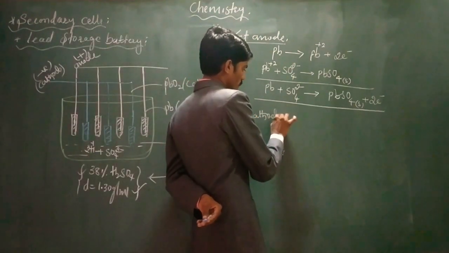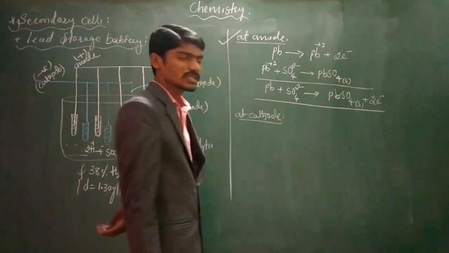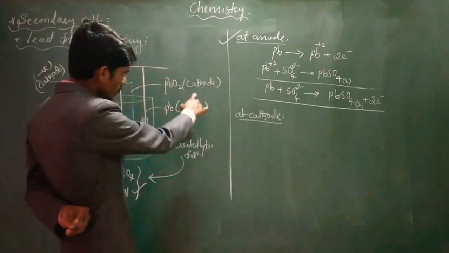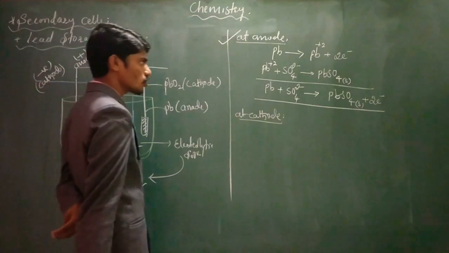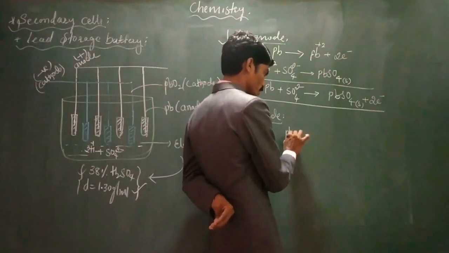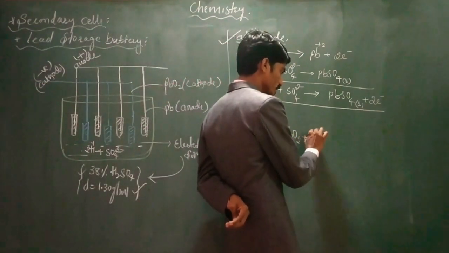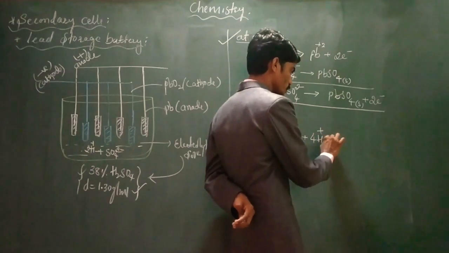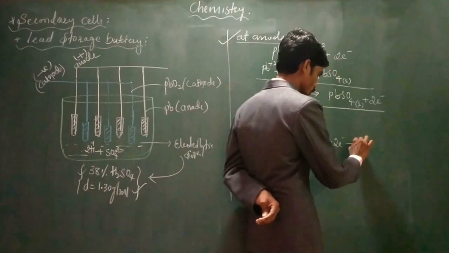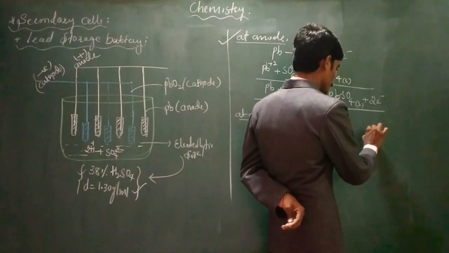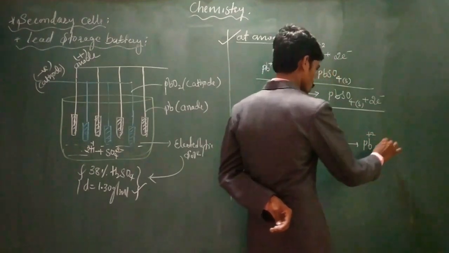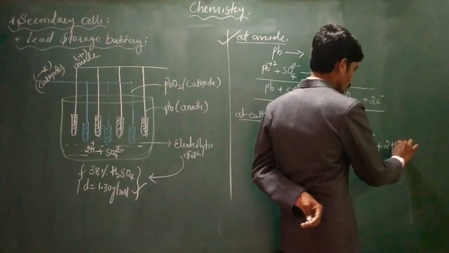Now similarly at cathode, reduction is taking place. Which electrode did we take at the cathode? Lead oxide. So lead oxide PbO2 is reduced in the presence of H+ and 2 electrons, giving rise to Pb2+ plus 2H2O.